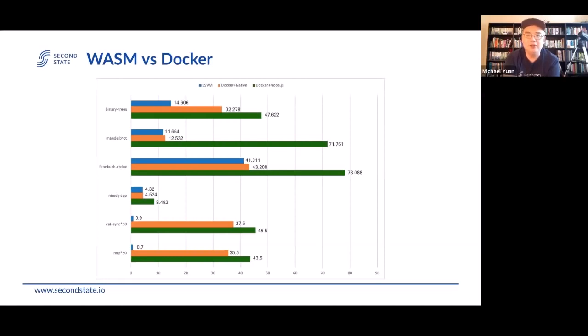If you just want to do number crunching, because those are essentially all number crunching, you are calculating the binary tree, 3-body problem, n-body problem, and things like that. Those things are very heavily optimized in the Node.js V8 runtime.